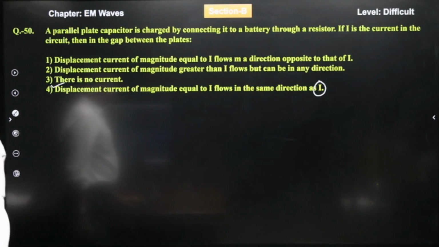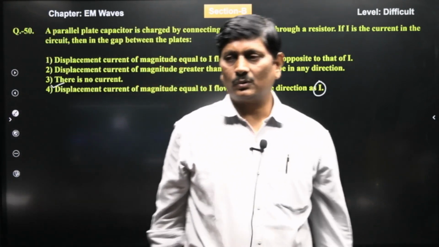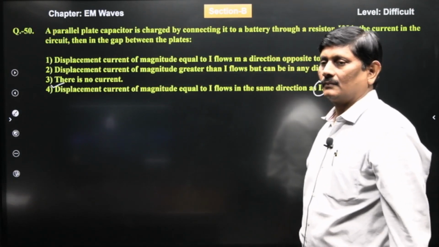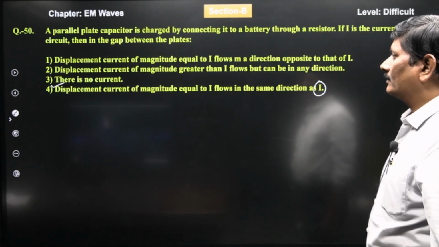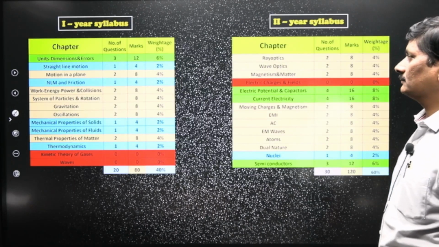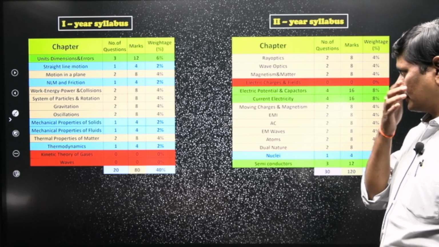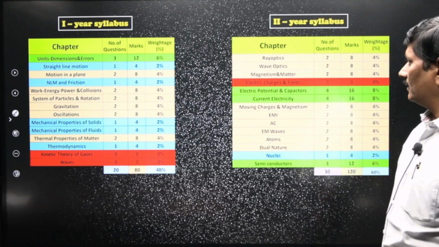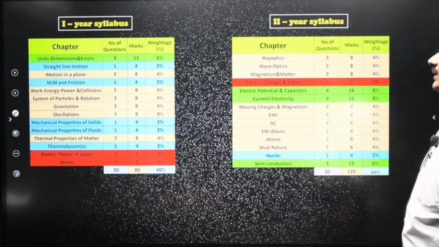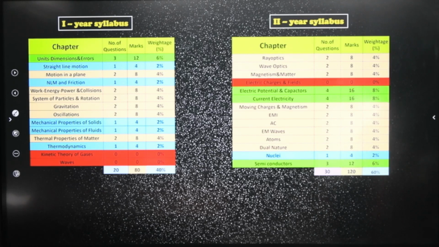So, that is about NEET paper 2024. Already in the last video, we have given the weightage for this paper. Once again, you can see the weightage in the first year syllabus and in the second year syllabus, the chapters' weightage, everything you can see.